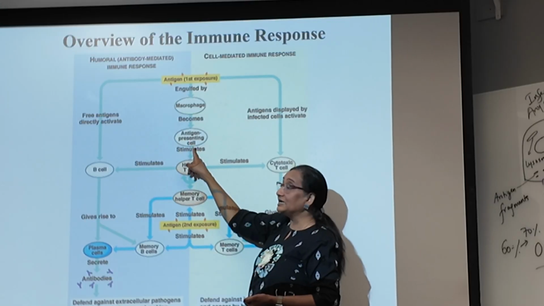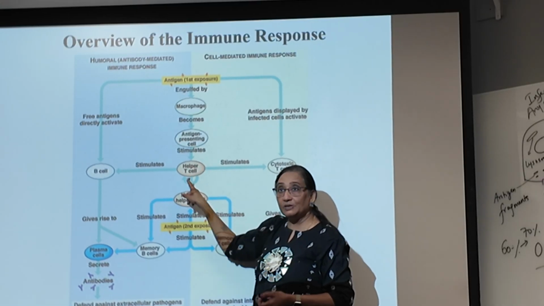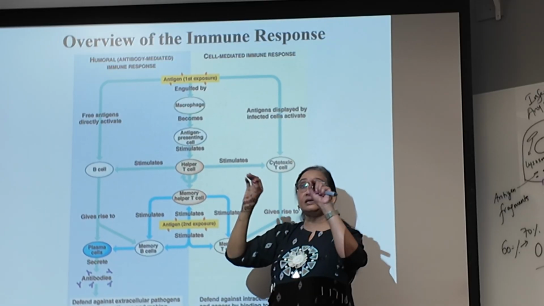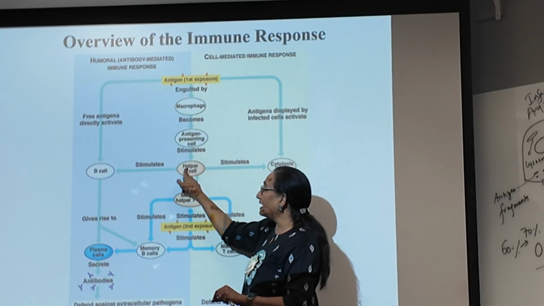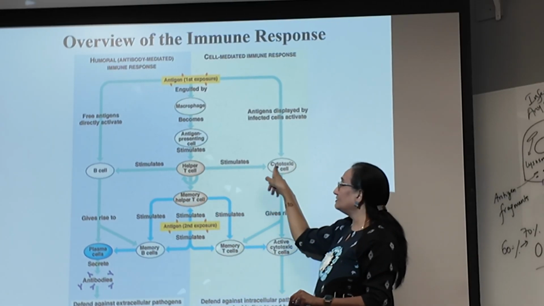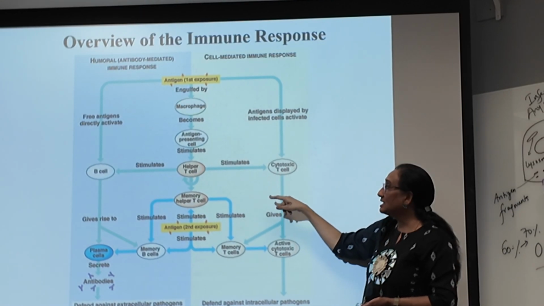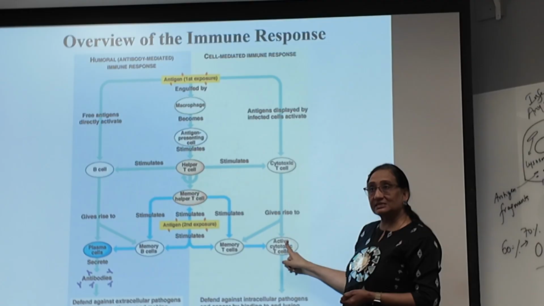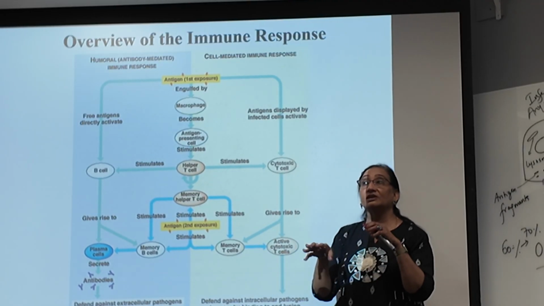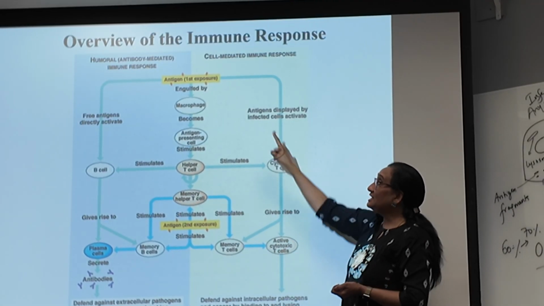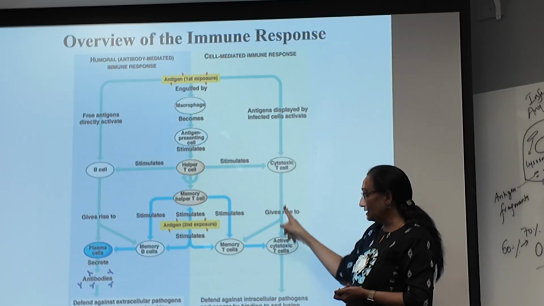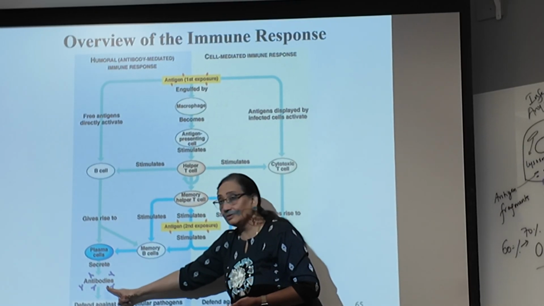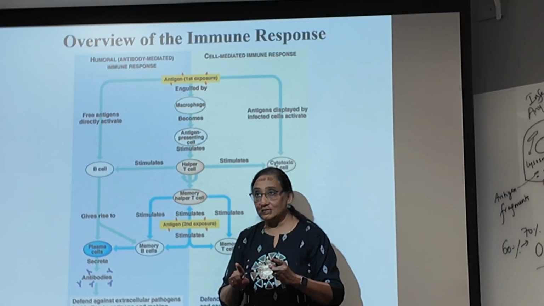They will present the antigen, the helper T cell will recognize it, and the helper T cell will secrete chemicals which will activate the B cell and the cytotoxic T cells. Then the cytotoxic T cells will destroy the infected cells. Any antigen that has entered a cell will get destroyed, and any antigen that is circulating will be destroyed by the antibodies.